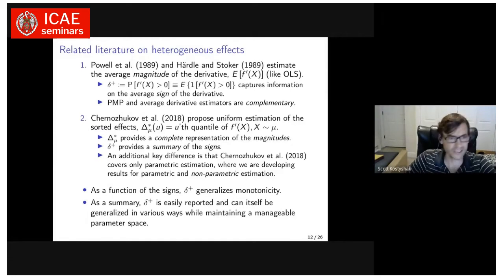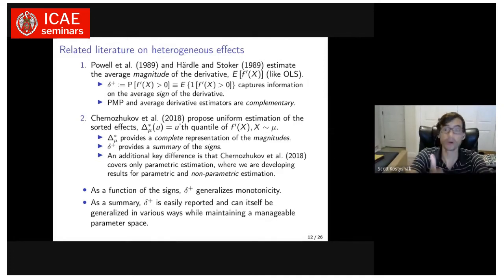And this is some related literature. I think I'm going to skip it. Basically it also recognizes heterogeneous effects, the idea that increasing X might decrease in some parts and increase in other parts, but they focus more on the average derivative, the average effect. And PMP focuses just on the average sign of the effect.